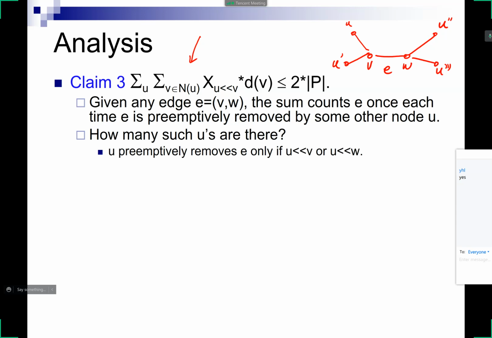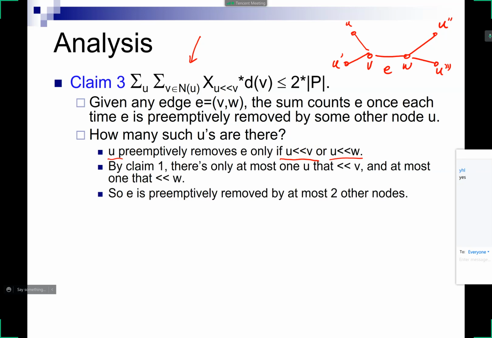For example, if all 4 U nodes over here actually all remove this edge E, then when you count the number of times that E gets removed, it would be counted 4 times, because there are 4 of these U's that all remove E. But actually, it turns out that you cannot have so many U's which all remove E, because what we said is that U is going to preemptively remove E if and only if either U is double less than V, or U is double less than W, right?